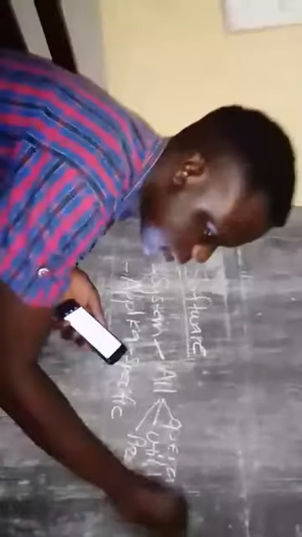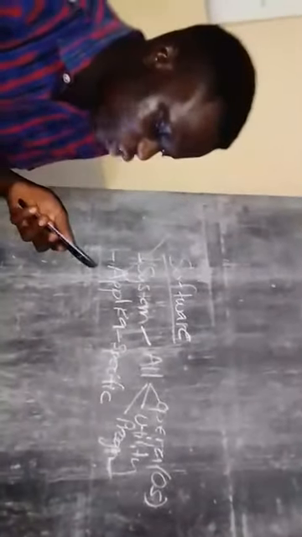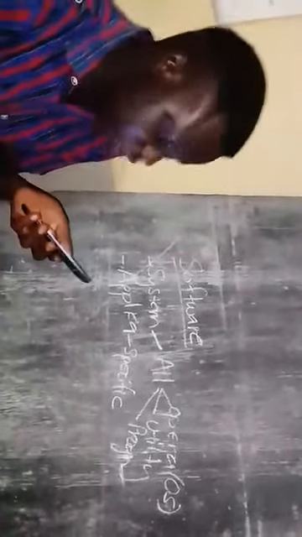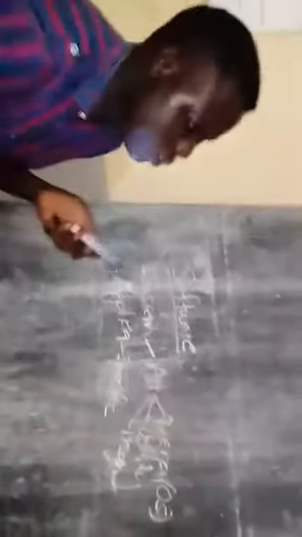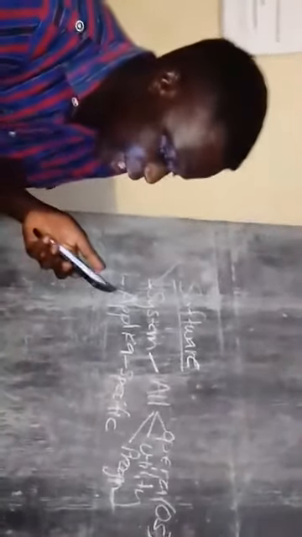OS in full is operating system, a generalized program that manages or controls all activities taking place in the computer system. It is the operating system software controlling all the activities you do on a computer.